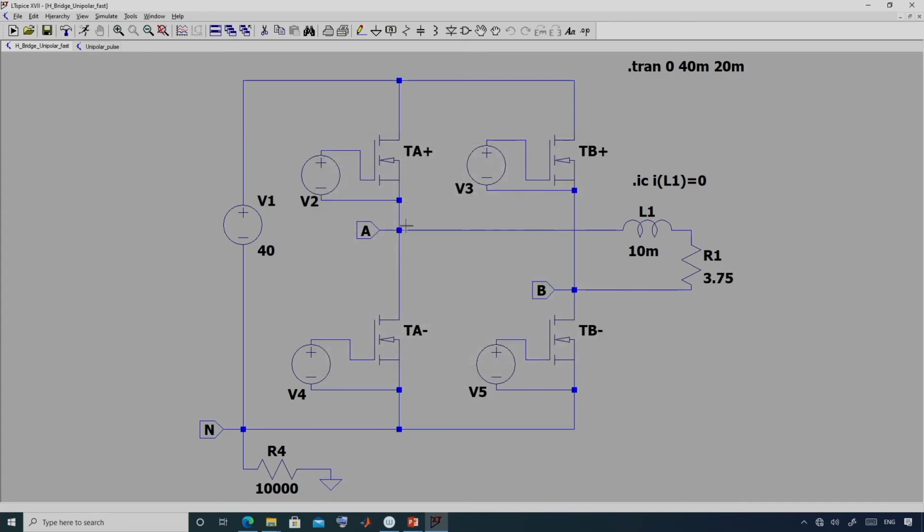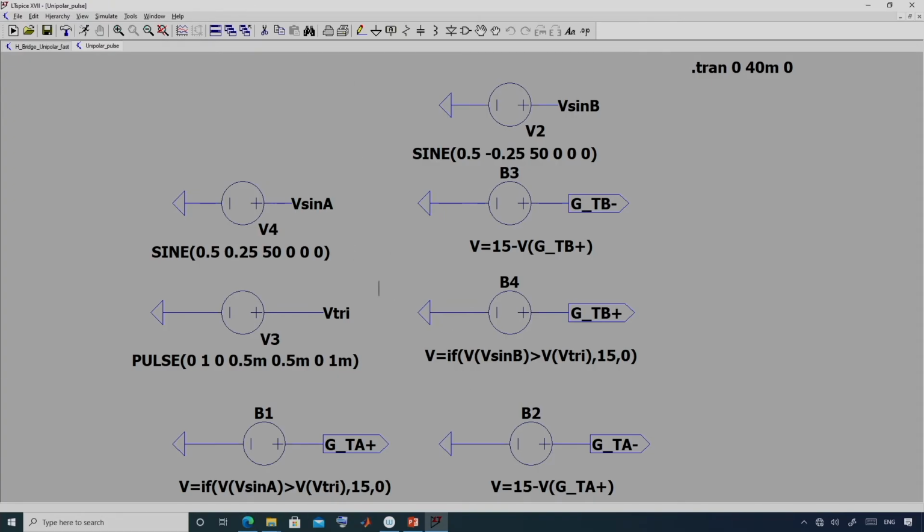Now how have I obtained this file? That is using this simulation which generates the gate pulses. It has these 2 references, V sin A for leg A and V sin B for leg B, and this generates the triangular carrier, and this is where the comparisons take place, whether the reference is greater than the carrier or not, and accordingly the pulses are generated.